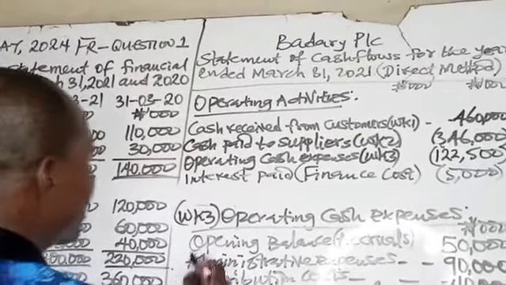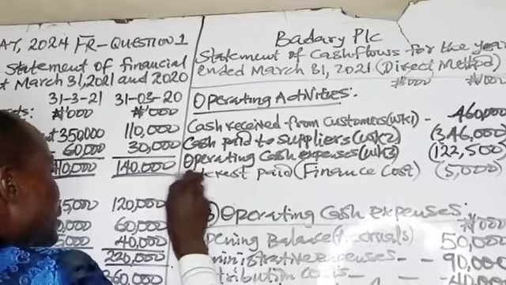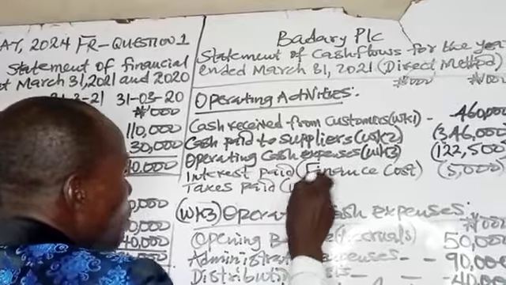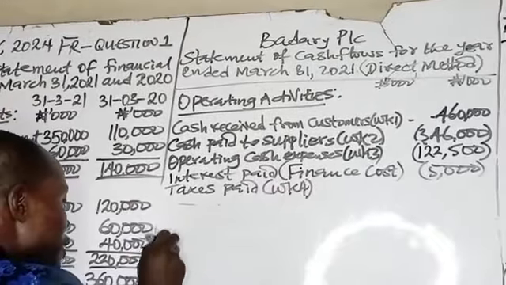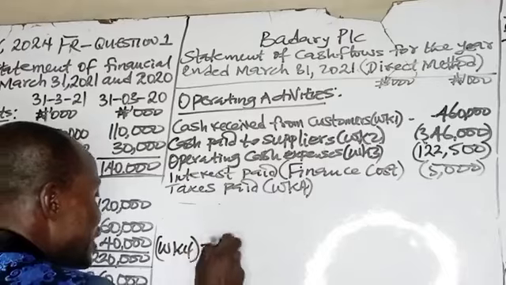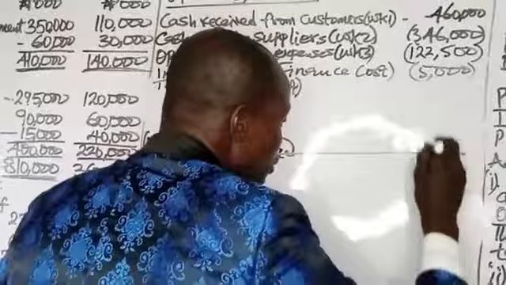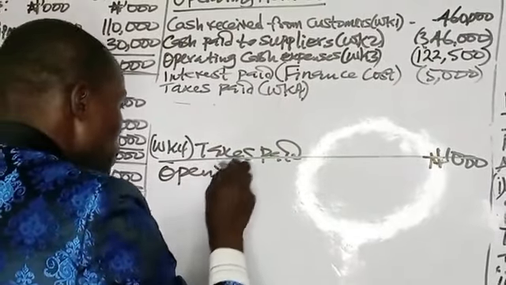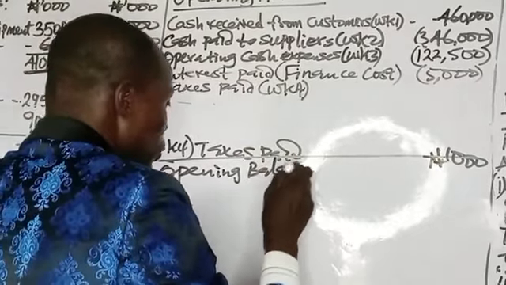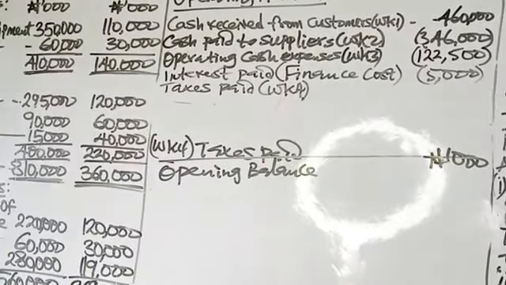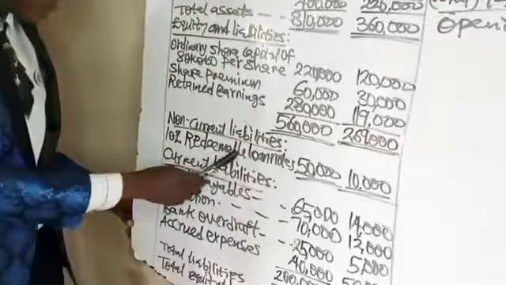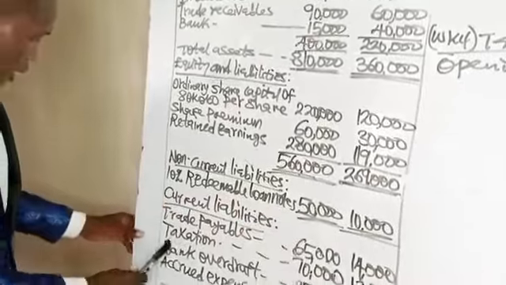After the finance cost, the next item is taxes paid. Let me have that as working number 4. Taxes paid. As usual, we normally start with the opening balance. We check our current liability and non-current liability. Non-current liabilities, we only have 10% redeemable loan notes. Then under current liability, you have taxation.